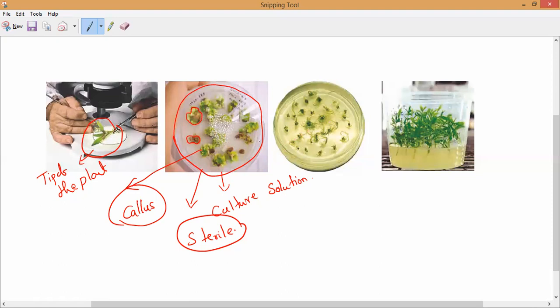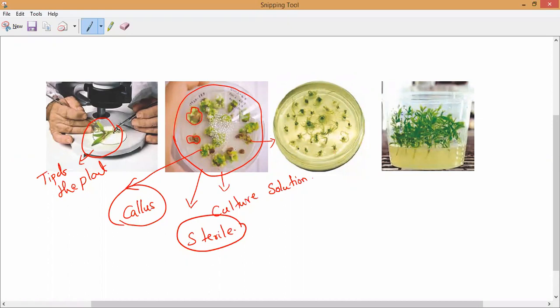Now these callus, you can see here, slowly there will be a rearrangement. This callus they will transfer to another jelly containing suitable plant hormones which stimulate the callus to develop into roots.